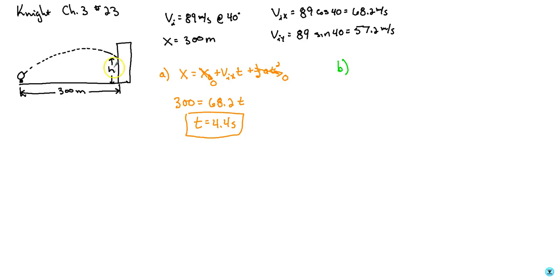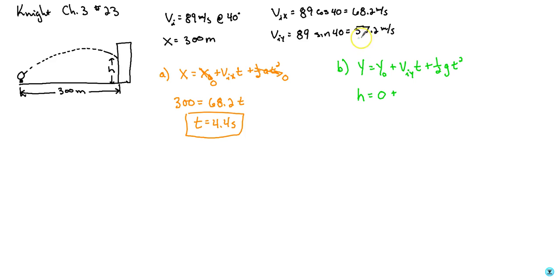So that height h is a distance in the y direction. So I'm going to use our second equation again, but only the y version of it. So y equals y sub O plus v sub I y times t plus 1/2 g t squared. We know that the y, which is the position in the y direction, is going to be equal to h. Y sub O is 0.